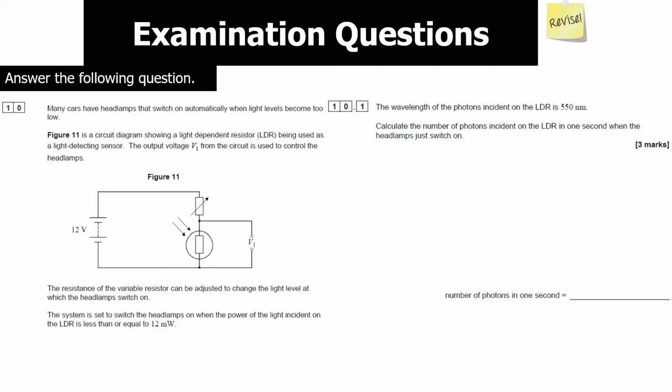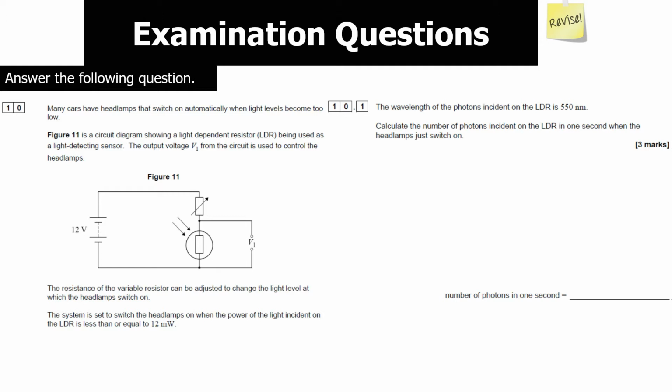Now the next question says, many cars have headlamps that switch on automatically when light levels become too low. Figure 11 is a circuit diagram showing a light dependent resistor, an LDR, being used as a light detecting sensor. The output voltage V1 from the circuit is used to control the headlamps. The resistance of the variable resistor can be adjusted to change the light level at which the headlamps switch on.